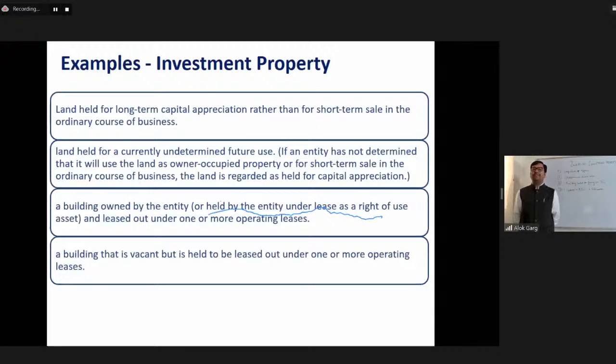If it is vacant, but the intention is to earn rental, the intention is to provide it under one or more operating leases, it is still considered as an investment property. Lying vacant, but the objective is earning rental. Okay.